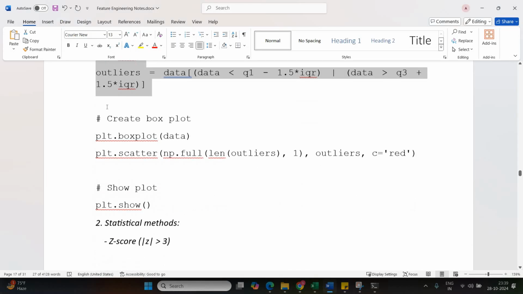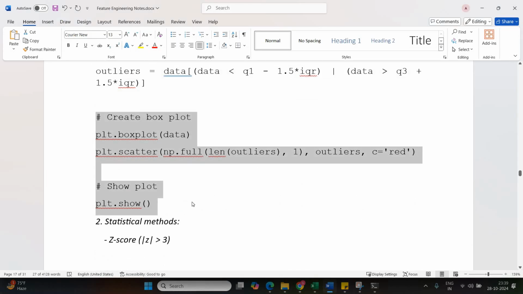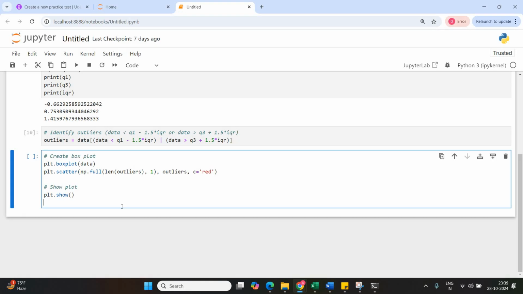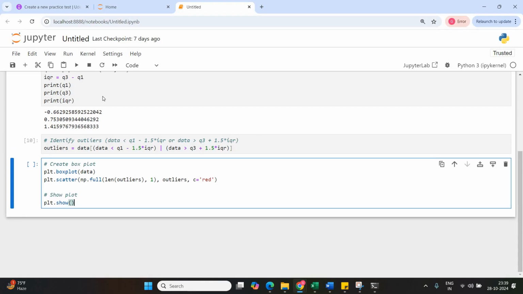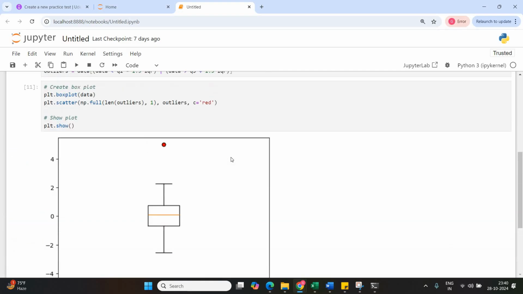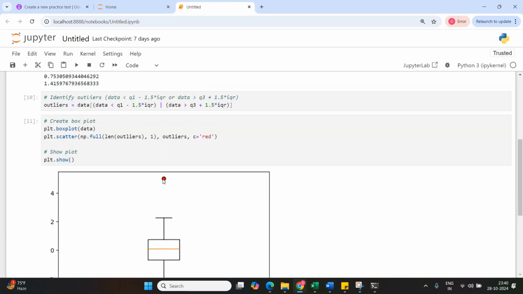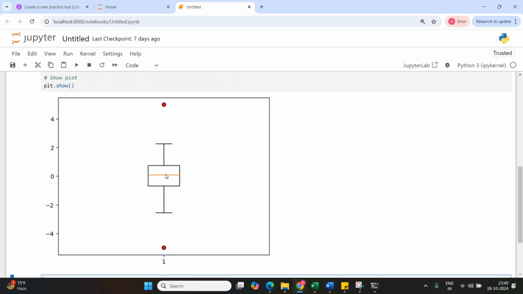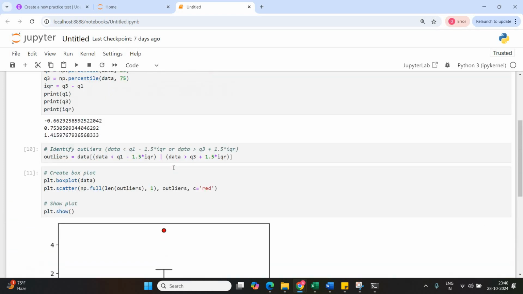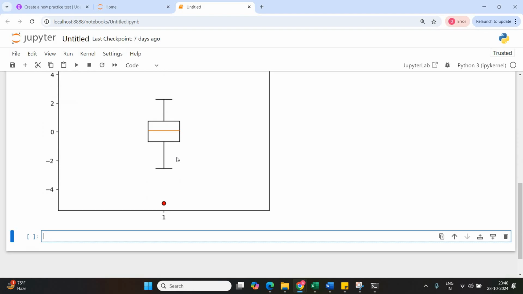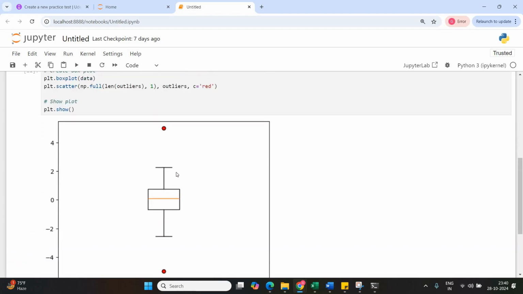And let us go to the next one where we are plotting the box plot. So let us see the box plot. Let me run it. And now you can see, here you go. So this is the box plot. And this point is plus 5 and this point is minus 5. We added points minus 5 and 5, right? So these two points are outside the vicinity, right?